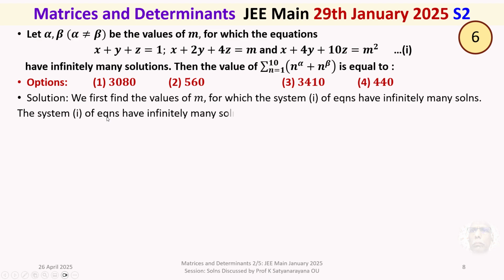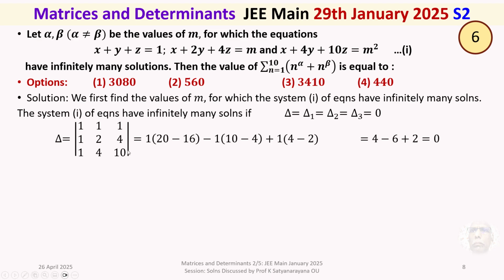The system 1 of the equations have infinitely many solutions if delta is equal to delta 1 is equal to delta 2 is equal to delta 3 is equal to 0, where these delta 1, delta 2, delta 3 stand in the usual standard way, where delta is the determinant of the coefficient matrix, that is the determinant of 1, 1, 1, 1, 2, 4, 1, 4, 10.